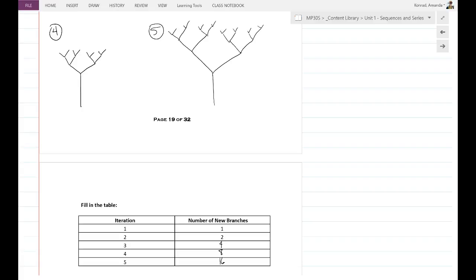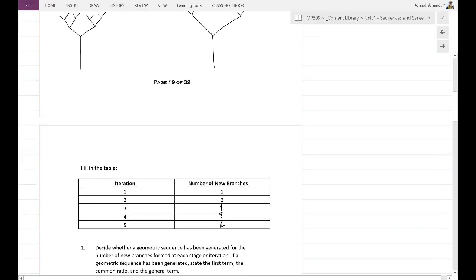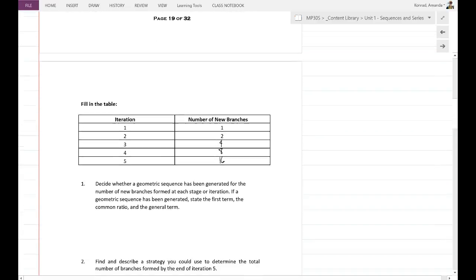What do we notice about these values? Well, 1 to 2 is multiplied by 2, 2 to 4 is also multiplied by 2, 4 to 8 is multiplied by 2. And so we could say that our common ratio is 2.